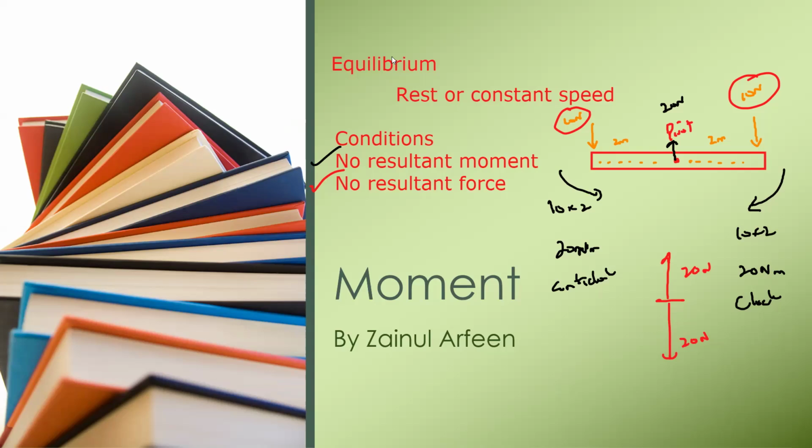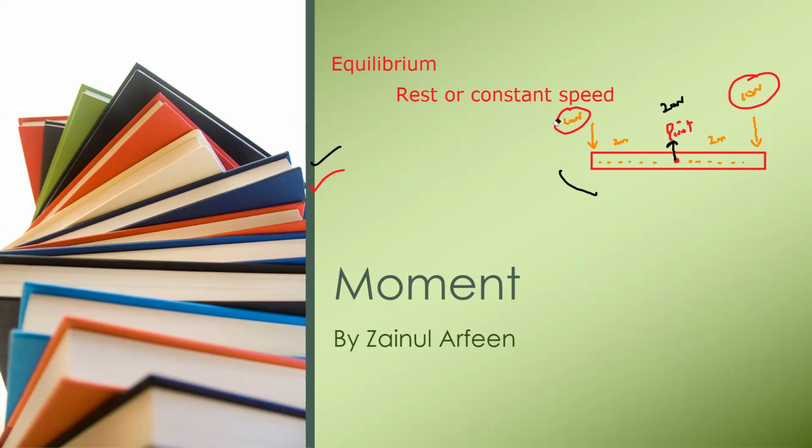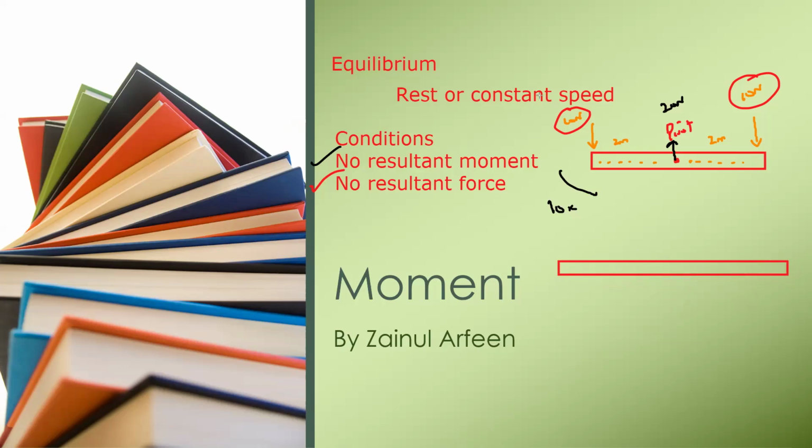Now, if we have another example, the object is placed on the pivot, the fulcrum, and there is a force of 10 Newtons at a distance of 2 meters, and another force of 10 Newtons at a distance of 2 meters.